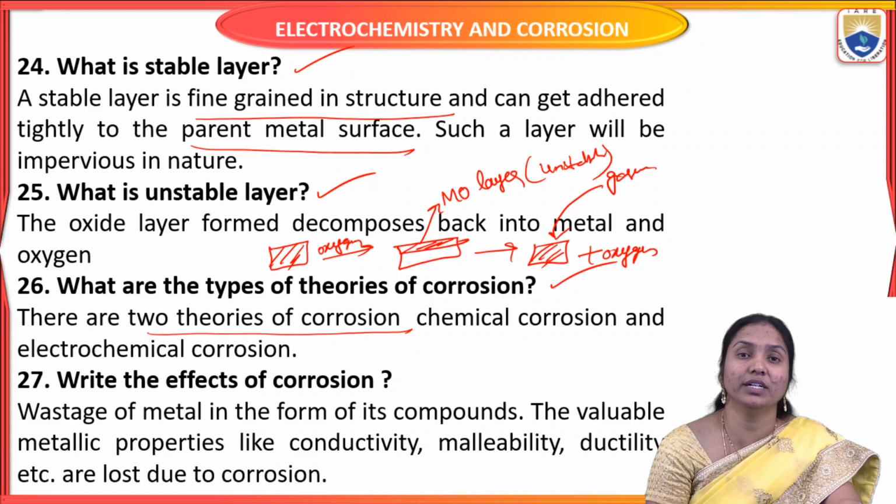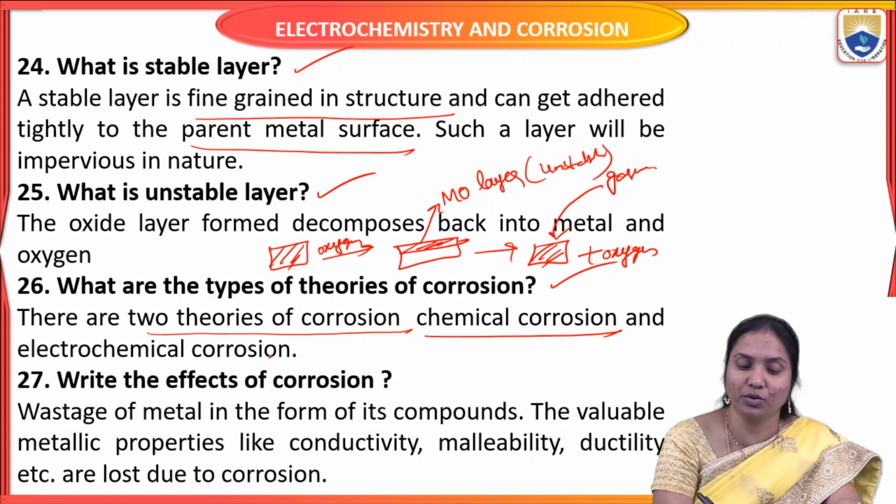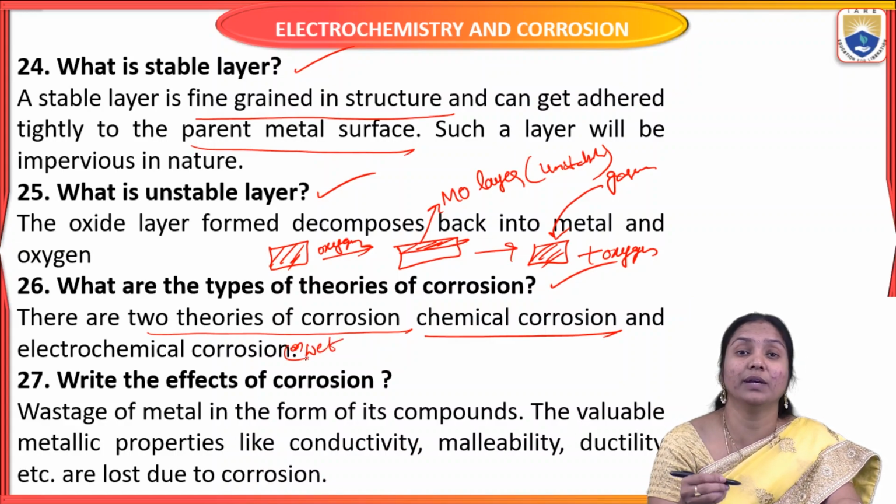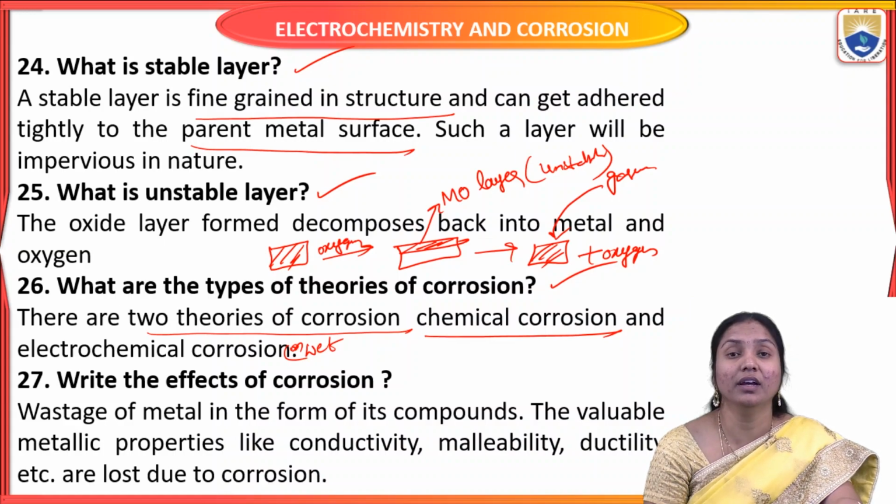One is dry corrosion, also called direct chemical corrosion. The other is electrochemical corrosion, also called wet corrosion. So: dry corrosion or direct chemical corrosion, and wet corrosion or electrochemical corrosion.